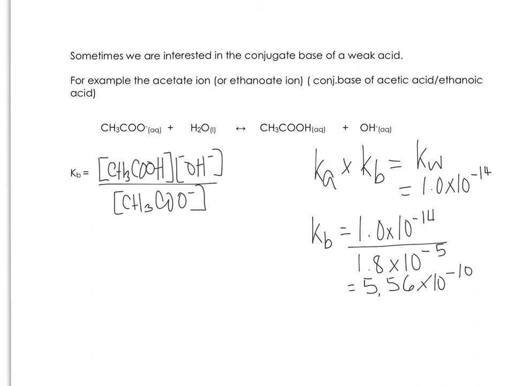So if you can't find a Kb value, but you can find the Ka, use this relationship to determine the value that you need.